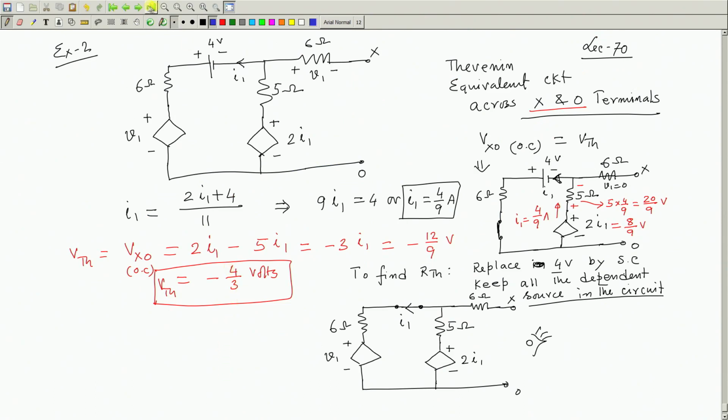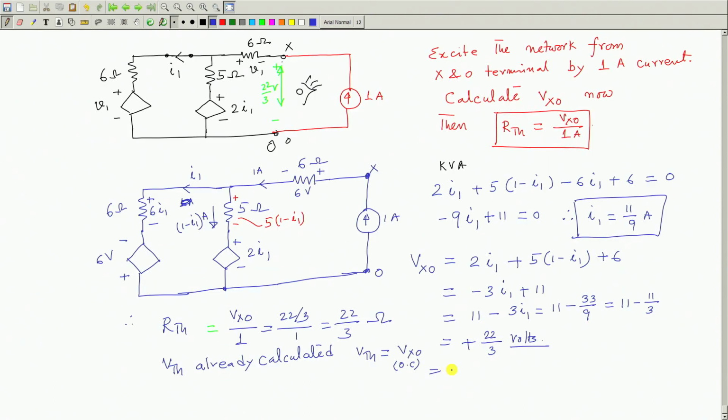Minus 4 by 3 volts. So, this together with this, I will be able to draw the equivalent Thevenin's across point x o.